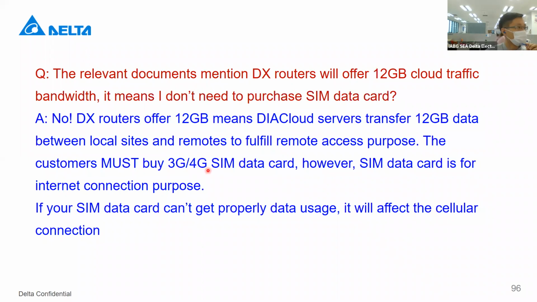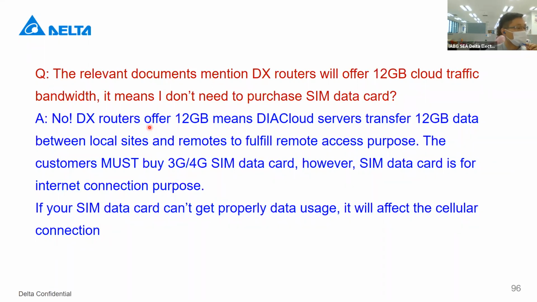Next one, the relevant document. The document mentions the DX router will offer 12 GB traffic per year, but does it mean I don't need to purchase the SIM card, the same data card 3G or 4G? The answer is no, you still need to purchase the SIM card.